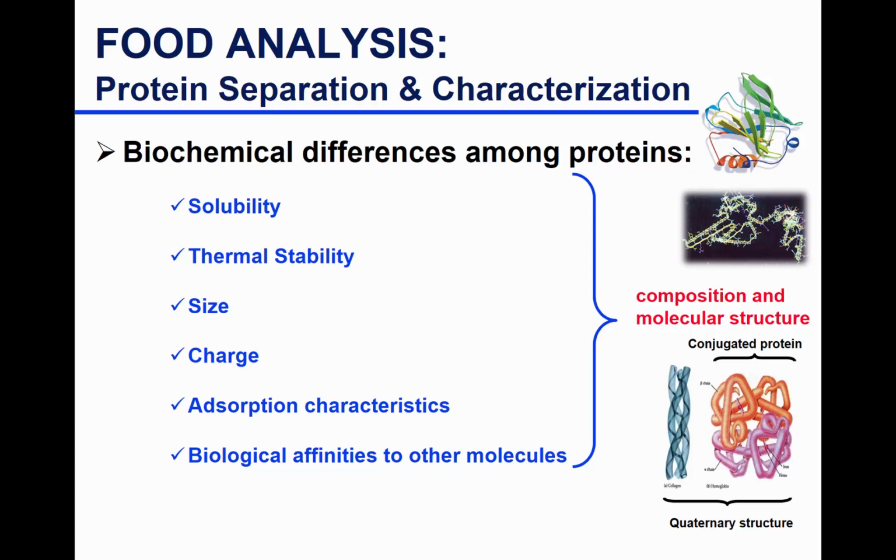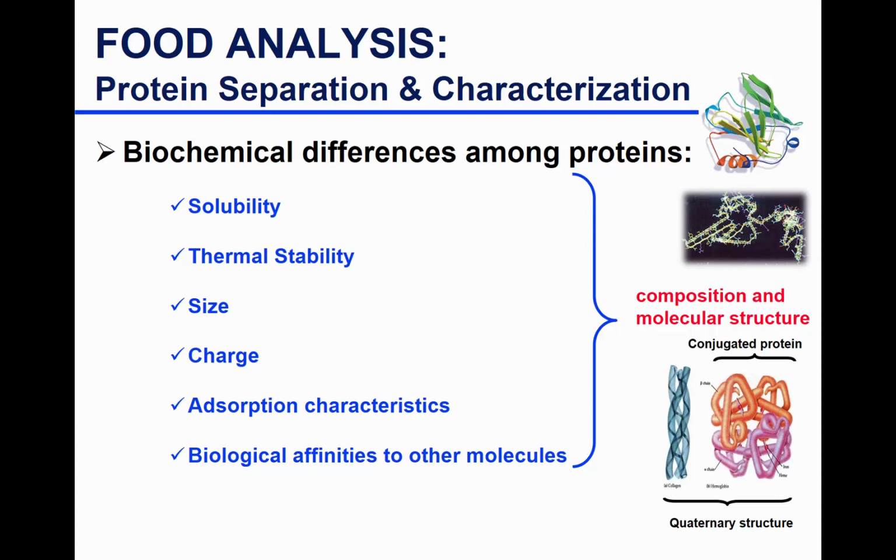So biochemical differences, what does that mean? So the solubility and thermal stability. The solubility is impacted by their size and their charge, and basically their amino acid composition. So a protein that is high in hydrophobic residues will have poor solubility.